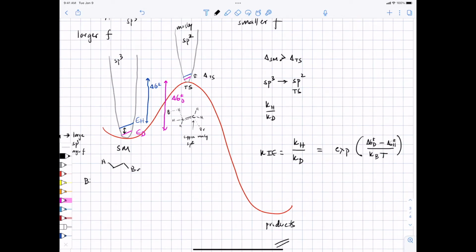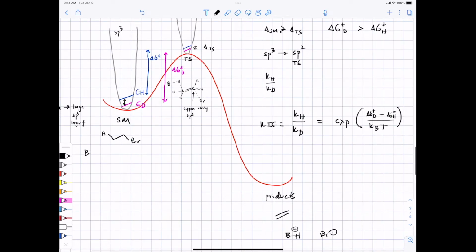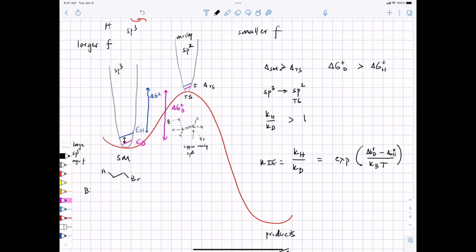Because the energy difference in the starting material is greater than the energy difference in the transition state, then necessarily the activation energy for deuterium is greater than the activation energy for hydrogen. This number is positive, and we expect a kinetic isotope effect that's greater than 1. Now, it's not going to be as big as if the hydrogen were involved in the bond breaking. So we're not looking at 7, but we might be looking in the range between 1 and 2. So hybridization going from sp3 to sp2 is what we call a normal kinetic isotope effect.